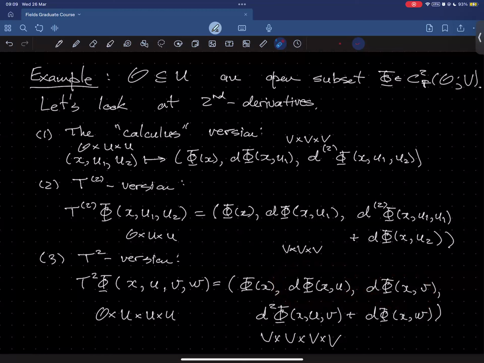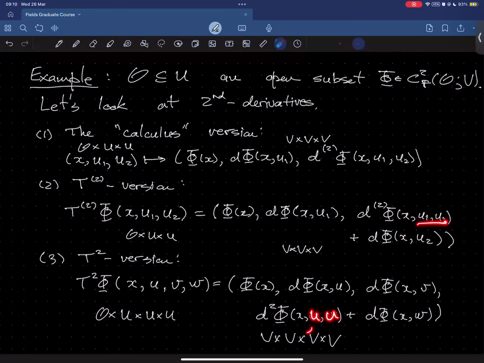And so you can see here that if you set, for example, u equals v, so you take these two to be the same, then you see that these two things aren't just related to each other, but they're actually equal, and they're actually this. And if you take u equals v, then you get the same thing.